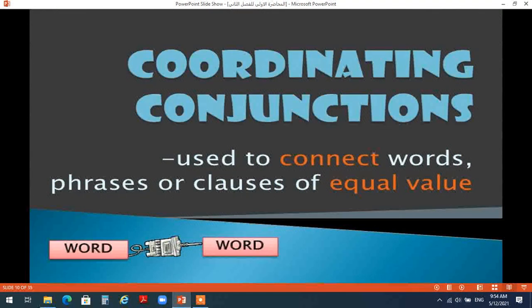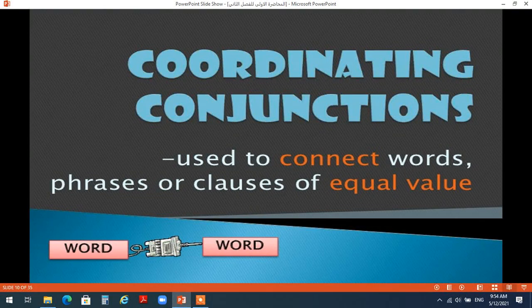Now we start with the coordinating conjunctions. بعد أن عرفنا الفرق ما بين coordination and subordination, we will start discussing coordinating conjunctions. Then we will move to the subordinating conjunctions in our next lecture, inshallah.